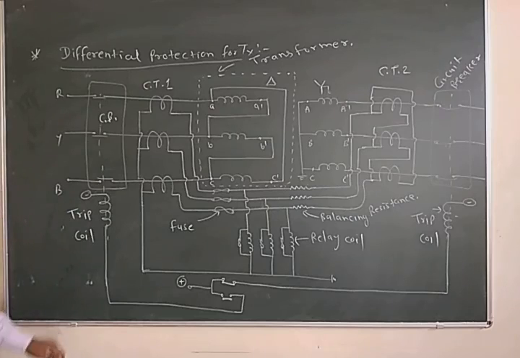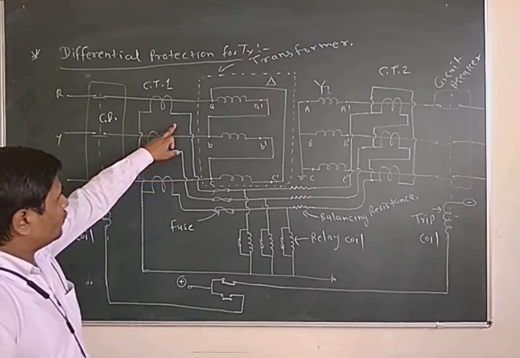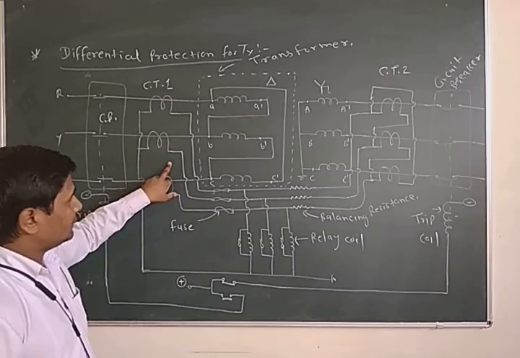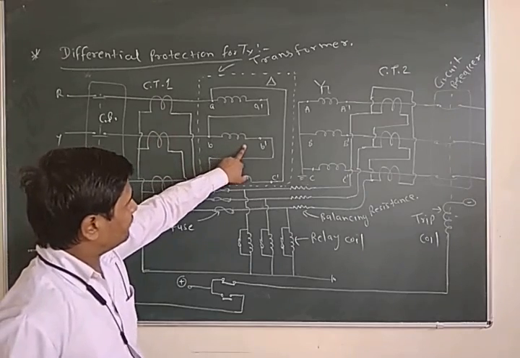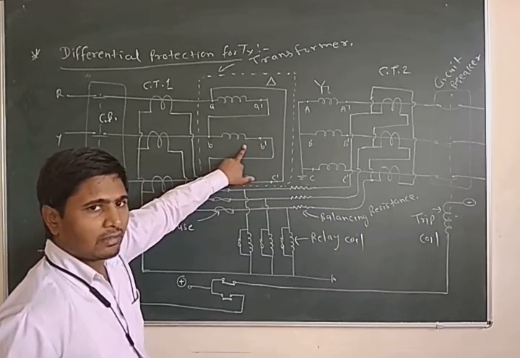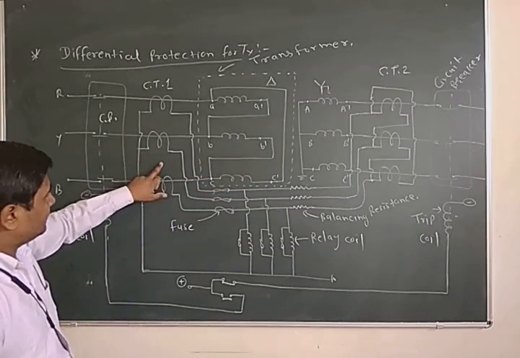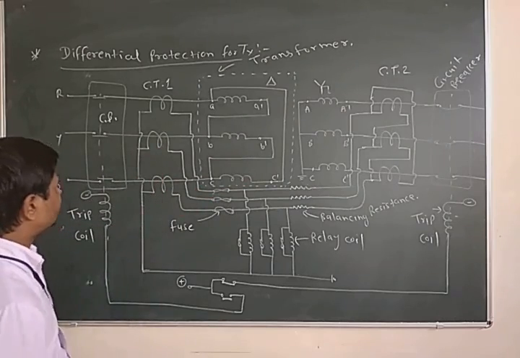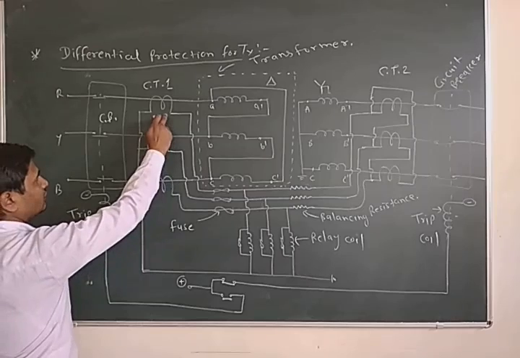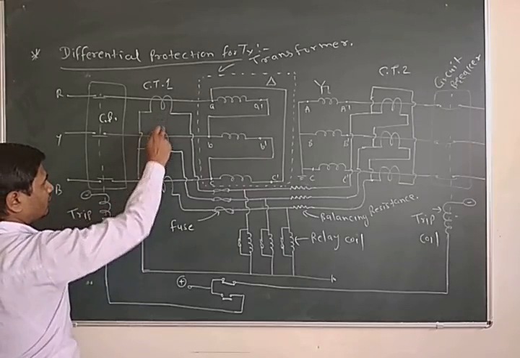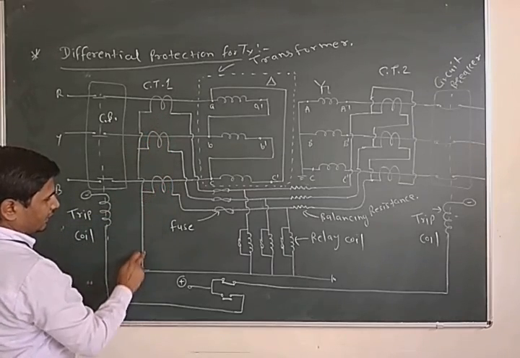Now the main point is that the connection of CT is in such a manner that if the winding connection is delta, then the CT of that side will be connected in star form. Means all these CT1s are connected in star form.